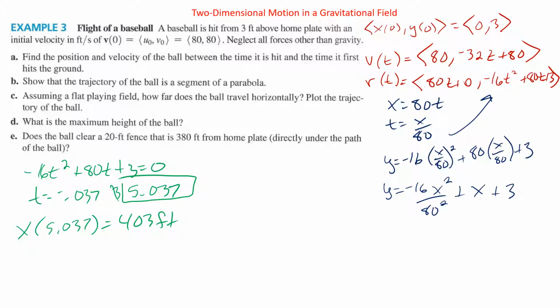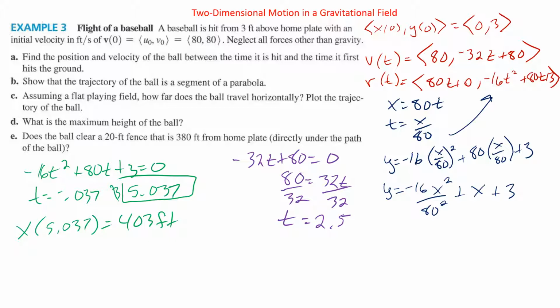We need negative 32t plus 80 to equal 0, which means 80 equals 32t, divide by 32, and t equals 80 is 8 times 10, 32 is 8 times 4, so that's 10 over 4, so that's 2.5 seconds. So at 2.5 seconds, it will hit its maximum height.